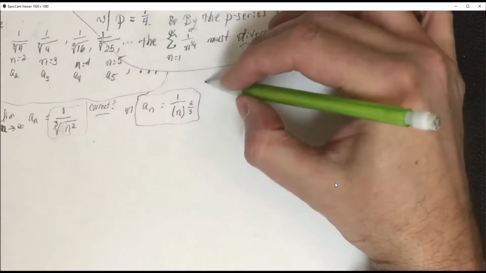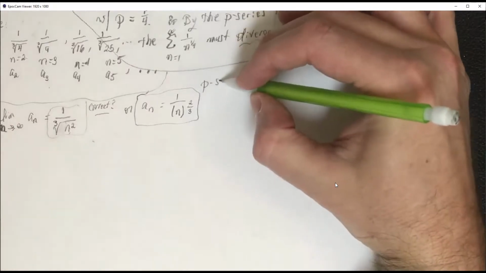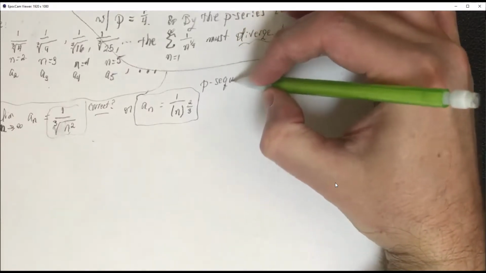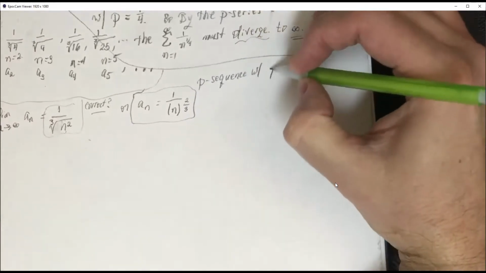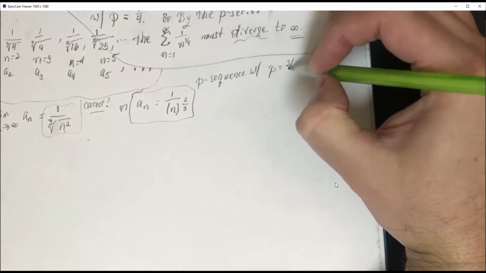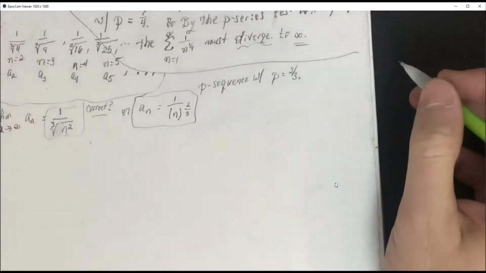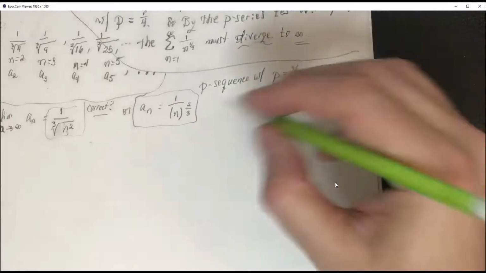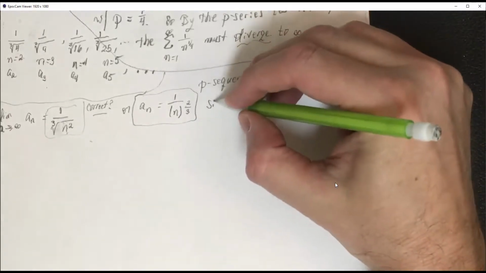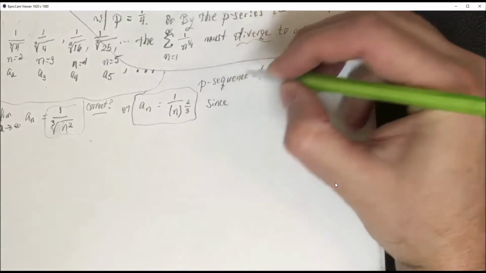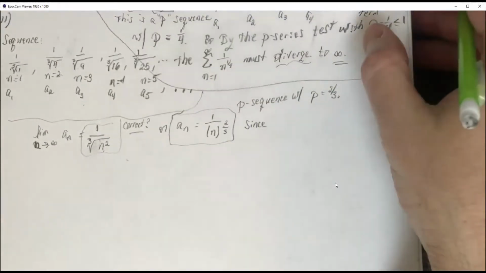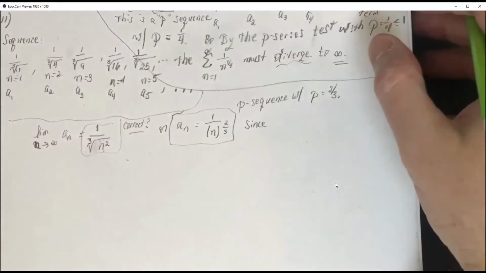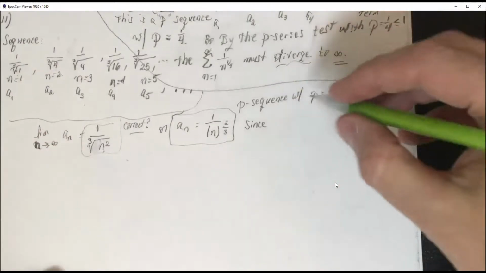But this is a p sequence, with the p value 2/3. And since we have a p sequence, and we're being asked to find out what happens when you add up these terms of the sequence forever, starting at n equals 1, then let's use the p-series test.